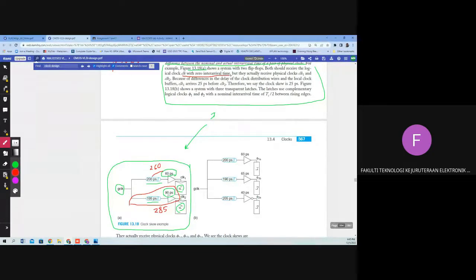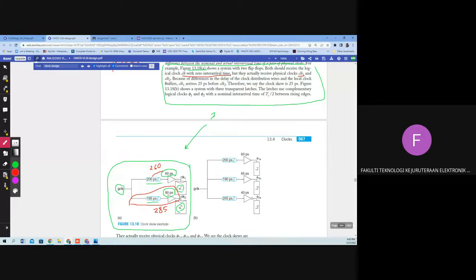But the actual received physical clocks are CLK1 and CLK2. In theory, the clock arriving here is the same as the clock here, so GCLK here is also GCLK, but that does not happen in practice, and that's why they give different names, CLK1 and CLK2. CLK1 and CLK2 also differ in terms of arrival time, because we can clearly see here the delay is also different, and that's why we have clock skew.